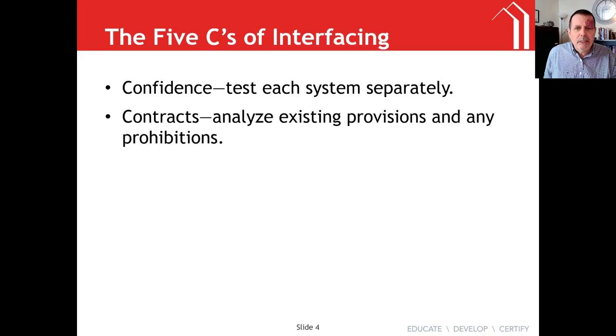So the next one would be contracts. This is important. This goes back to what I was talking about with your vendor support. You have to make sure that you're not voiding or breaching any contracts, because a lot of software companies, when they have a contract with you, are going to stand behind their system.